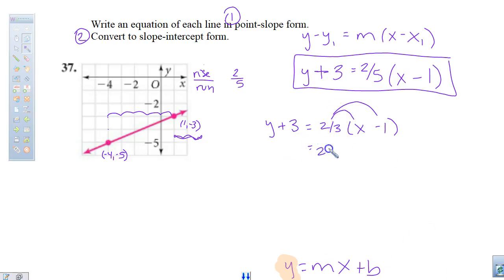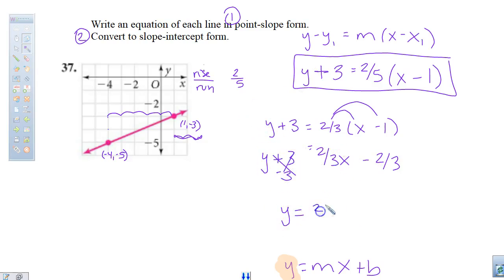2/5 times x is just 2/5 x. And 2/5 times a -1 is just -2/5. Still got my y plus 3. Now to get y by itself, I've got to get rid of this +3. The opposite of adding 3 is taking away 3. So I'm going to subtract 3 to get y equals.